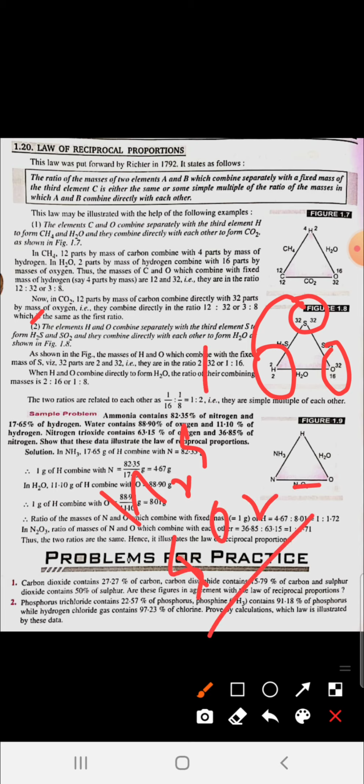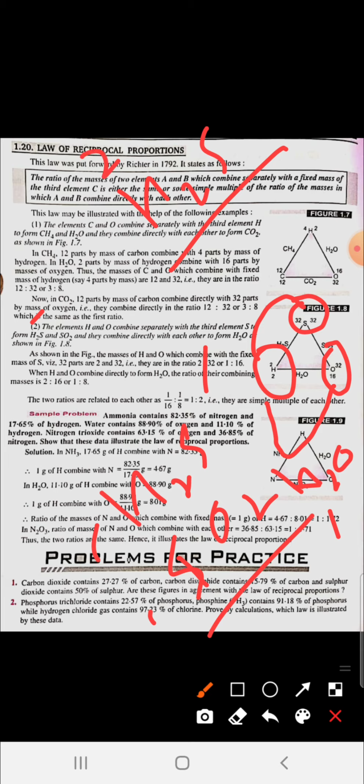So these two compounds are formed, and hydrogen and oxygen also combine directly with each other to form H2O. So three compounds are there, and you can see hydrogen is forming H2S.